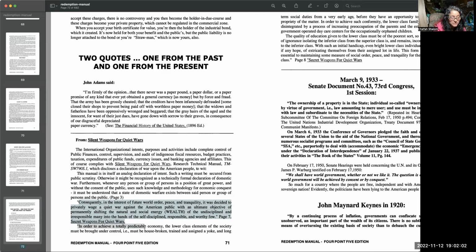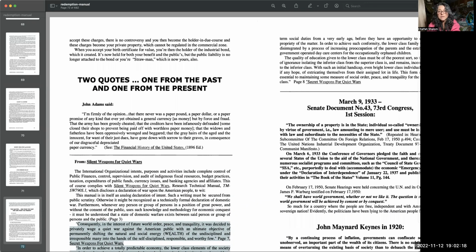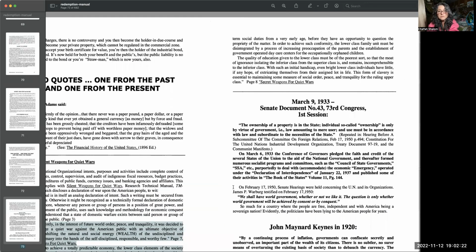In order to achieve a totally predictable economy, the lower class elements of the society must be brought under control. For example, they must be housebroken, trained, and assigned a yoke and long-term social duties from a very early age, before they have an opportunity to question the propriety of the matter.